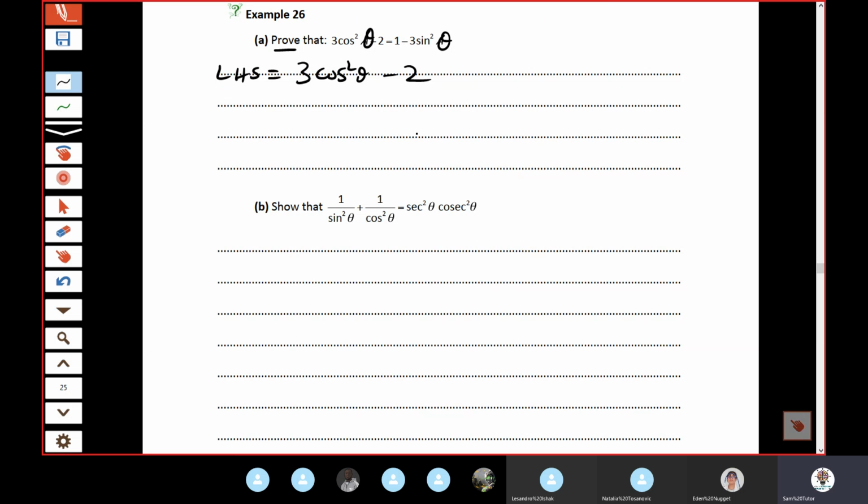And then again, what are you going to change? To prove it becomes 1 minus 3 sine squared. Cos squared. You need to take the two out the side. You only got one side, you're only dealing with the left-hand side. Try again. Don't overkill it.